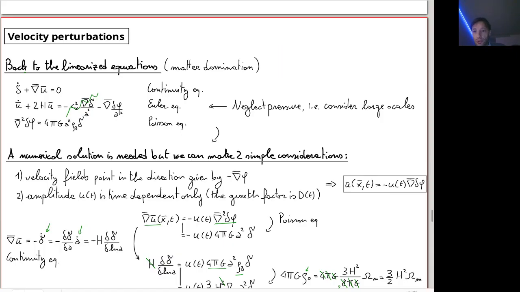So we solve the same set of equations, not to derive the evolution of the density, but to derive the velocity perturbations.